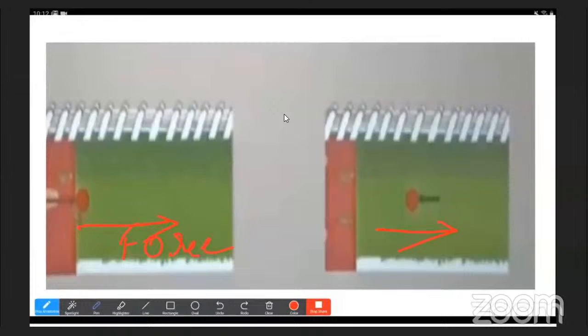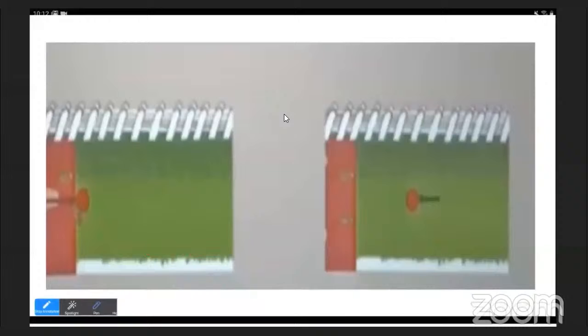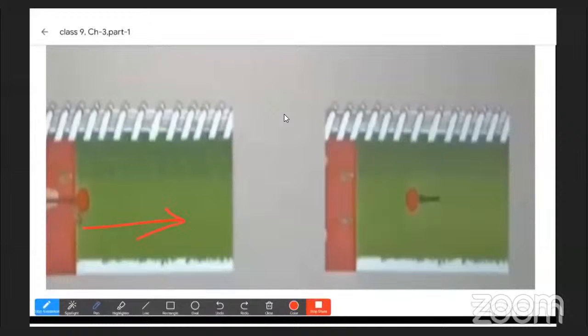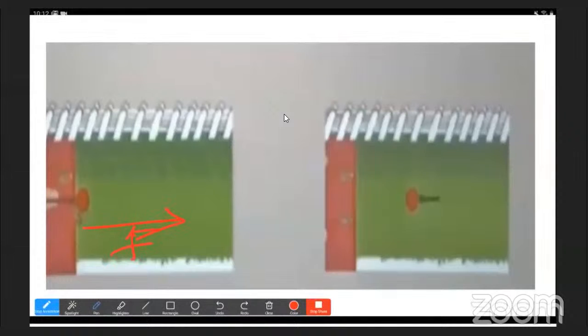After some time, this object will come to rest. So here, what is the direction of motion? The direction of motion of this object is in this direction, right? After some time, this object will come to a stop. So here, an external force is applied on this object that is in the opposite direction.